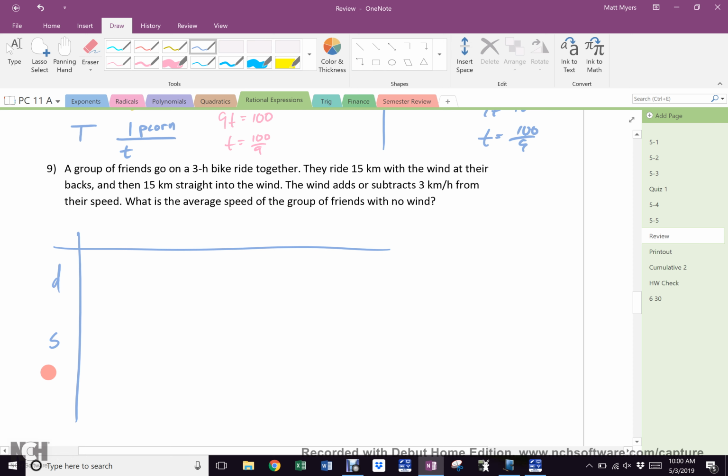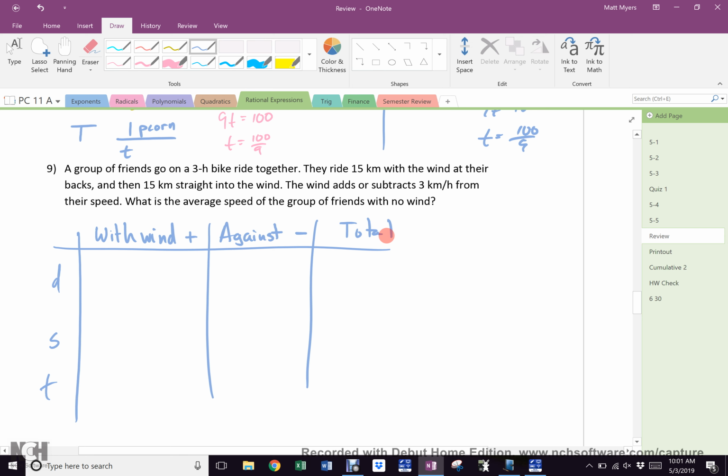D, S, T. And what are our options up here? They are with the wind. So if they're with the wind, is it helping or hurting them? Helping. So that would be an add, right? If they're against the wind, what's that doing? Subtracting. And then we have a total.